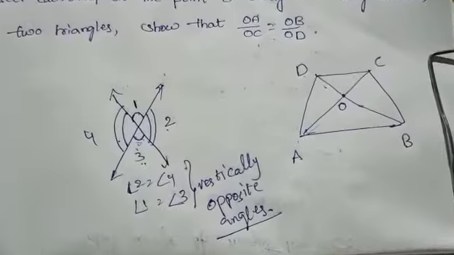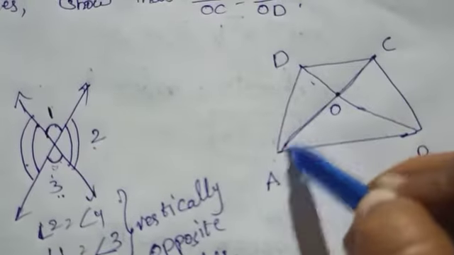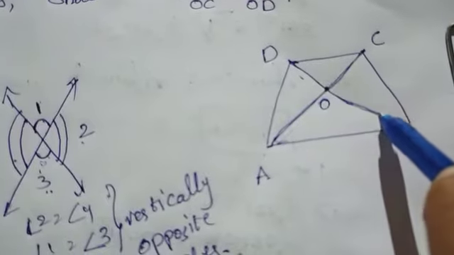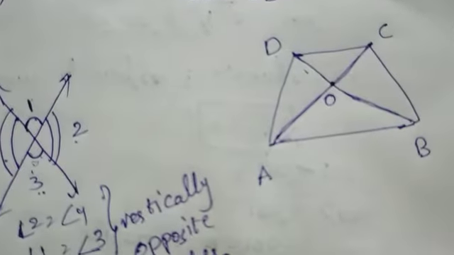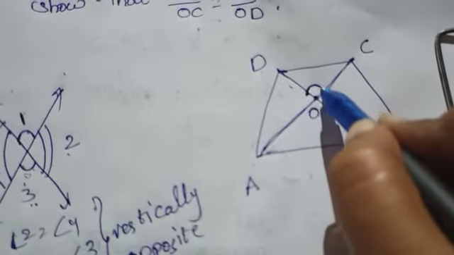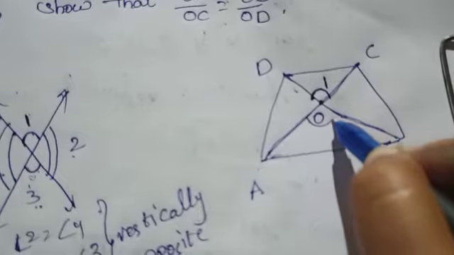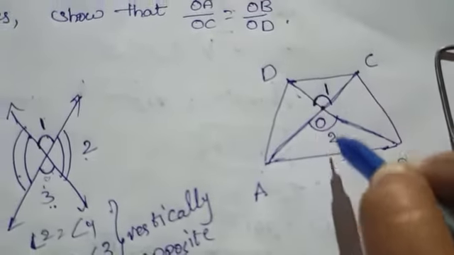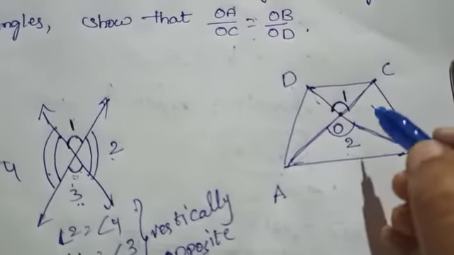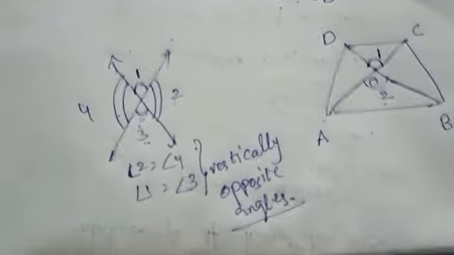In the same way, here two lines are intersecting, so vertically opposite angles are equal. Let this angle be 1 and this angle be 2. Angle 1 equal to angle 2.